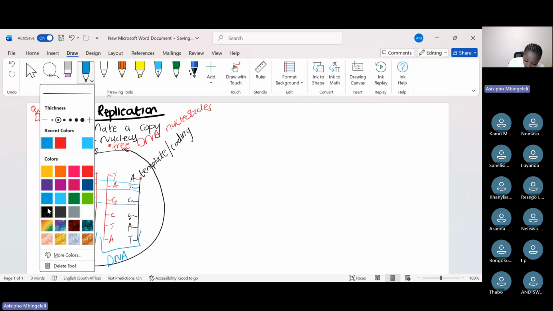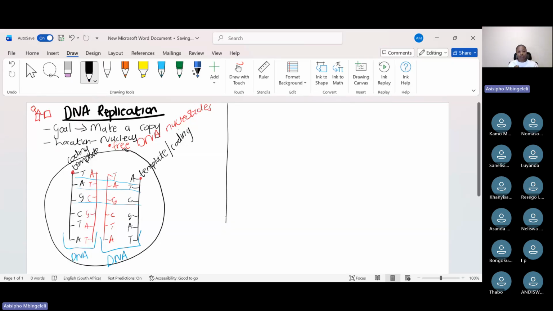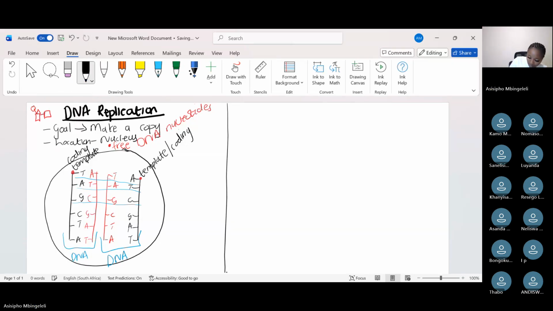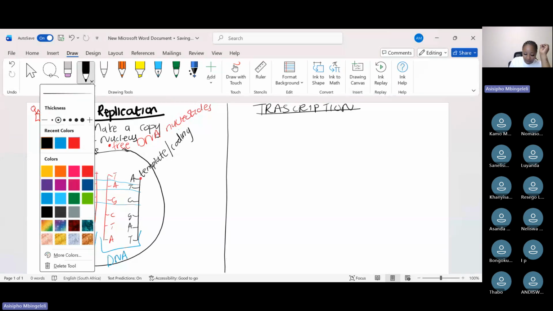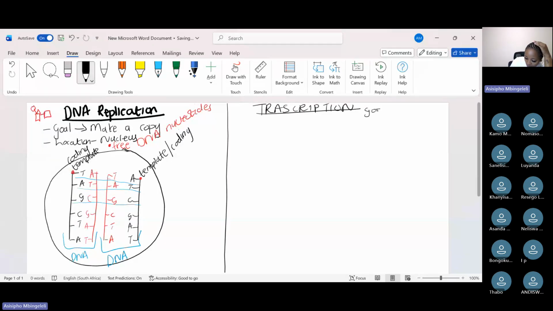Now I want us to look at transcription. Now, what is the goal here? Anyone unmute and tell me what the goal is. I need the information about the goal and the location. Remember, we are comparing this to DNA replication.